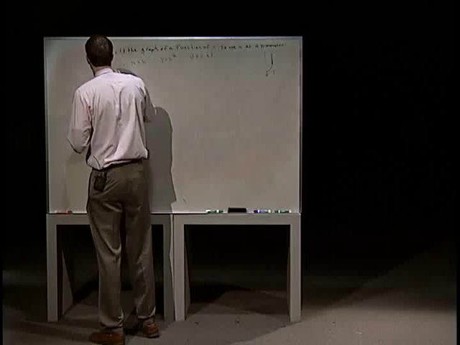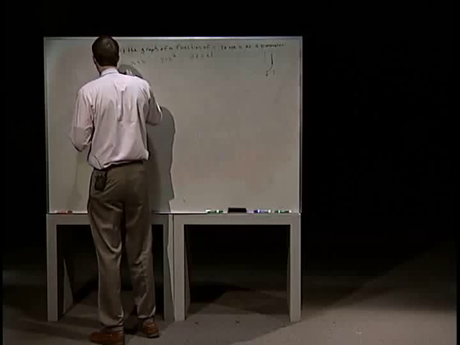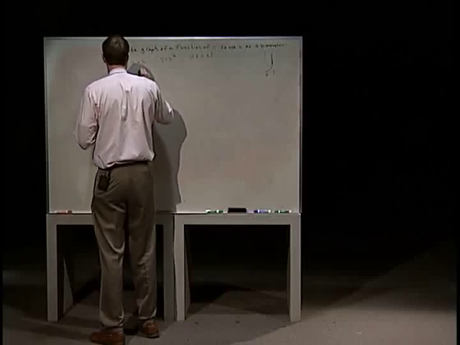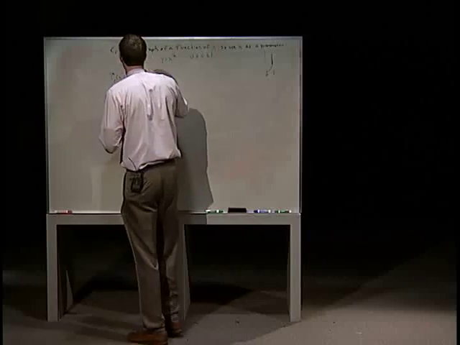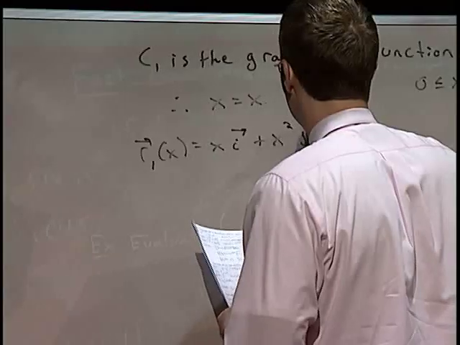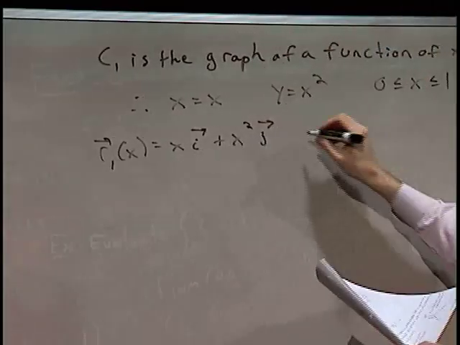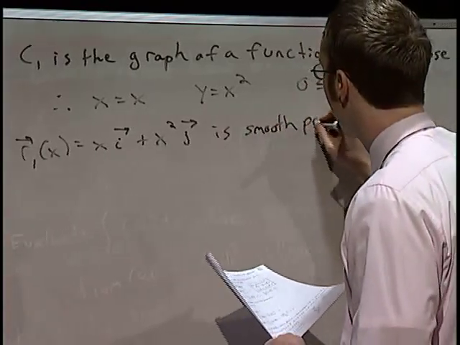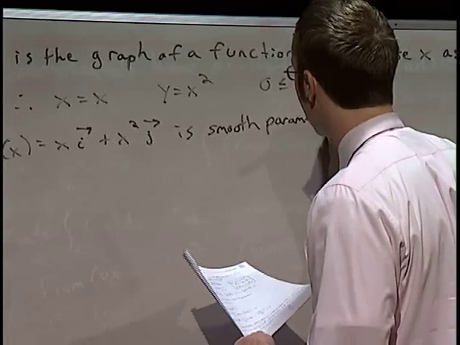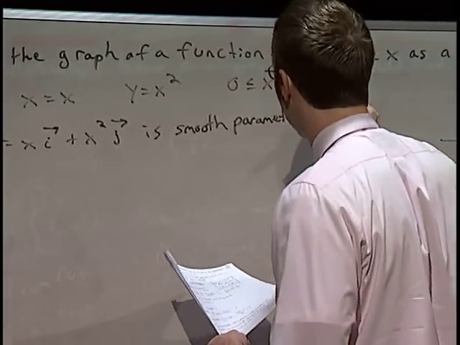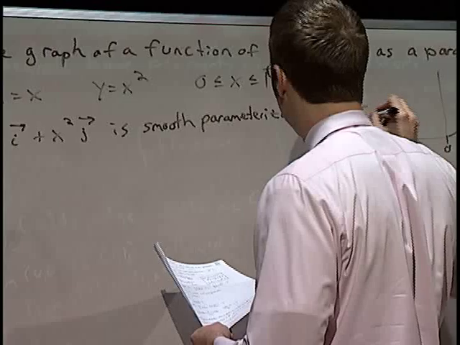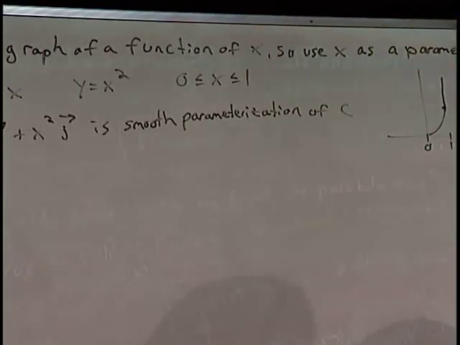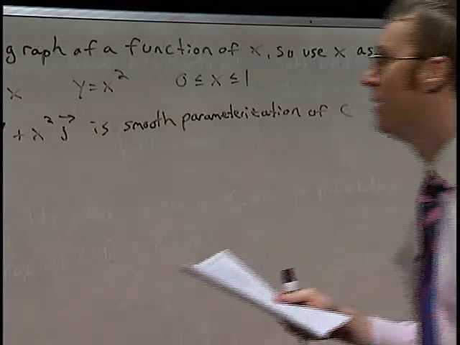And so a smooth parameterization of our curve is just x i plus x squared j. So this is the smooth parameterization of C, x i plus x squared j. Okay.